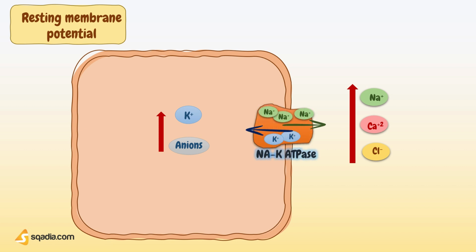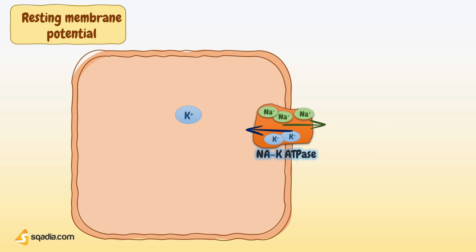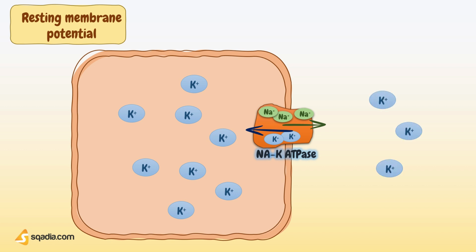We have already discussed the sodium-potassium pump that causes an imbalance in sodium and potassium concentration and develops membrane potential. To understand resting membrane potential, just look at any one ion, for example, potassium, as it is a predominant ion. We see that the concentration of potassium inside the cell is greater than that outside the cell.